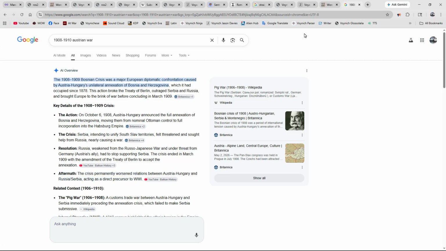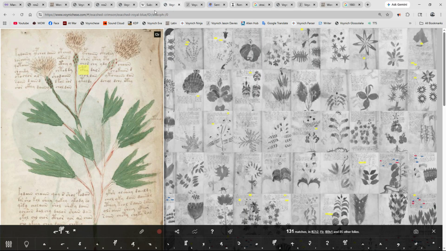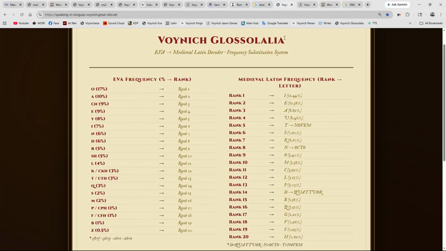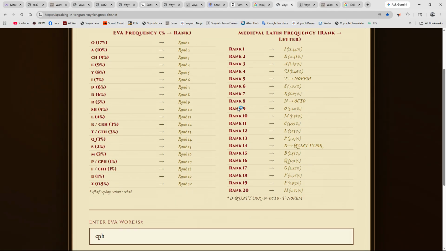Anyway, I got sidetracked. Now, going back to my cipher, as you can see, it's high to low frequency letters.